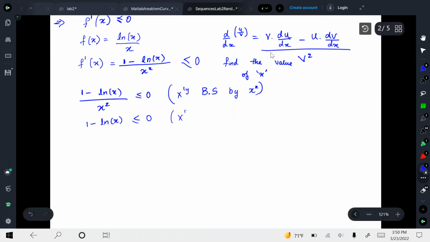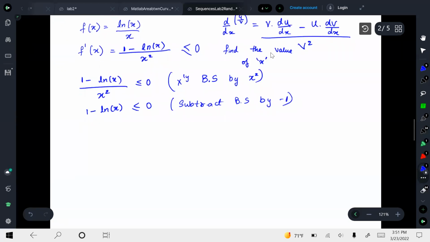Now, you need to cancel the 1 as well. So subtract 1 from both sides. I get 1 minus ln of x minus 1 less than or equal to 0 minus 1, which is minus 1.